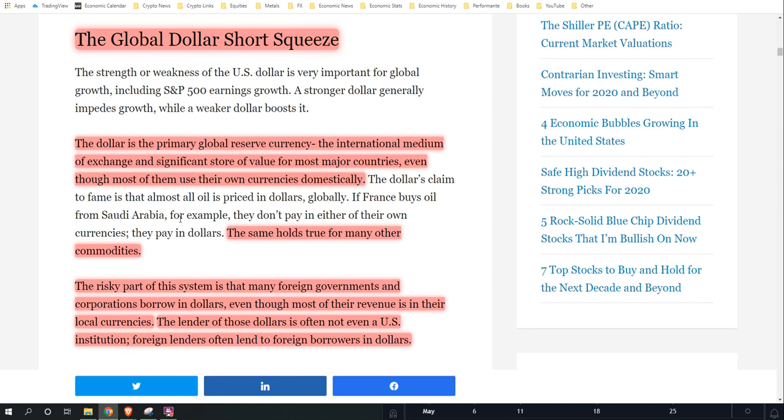So the United States dollar, as I'm sure many of you know, is the world reserve currency in which almost all countries transact internationally through that currency, which means if you are selling oil, if you are selling gold, silver, any real metal, any real commodity whatsoever, food, textiles, all that stuff, you're most likely going to be transacting in US dollars.